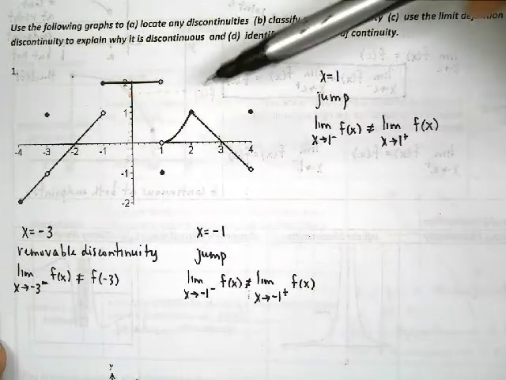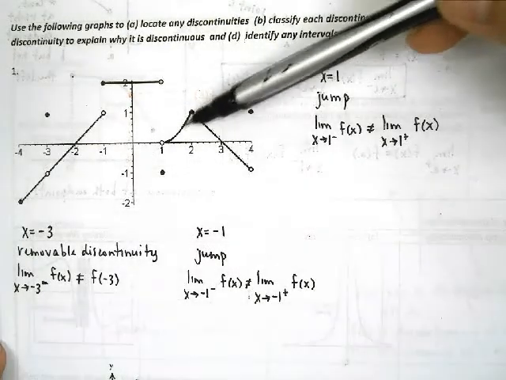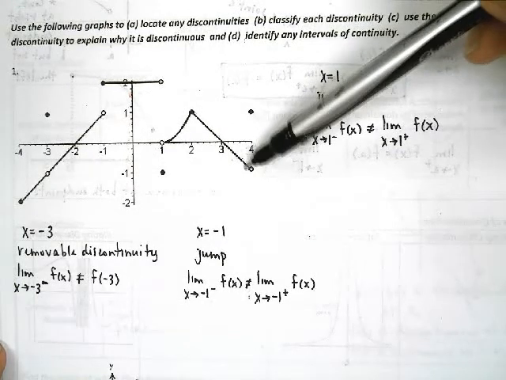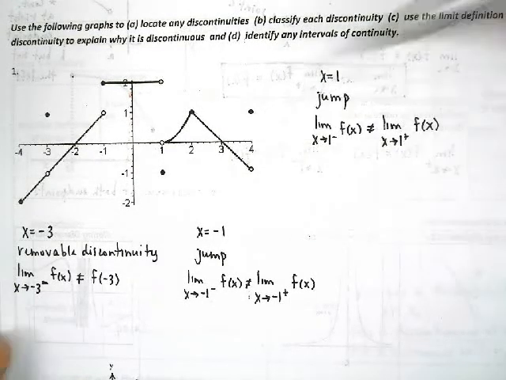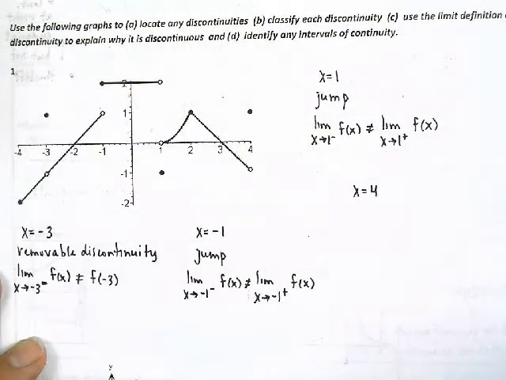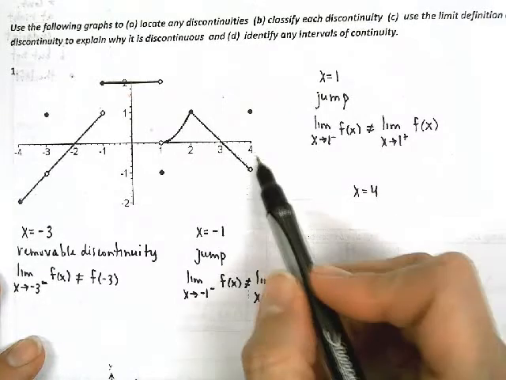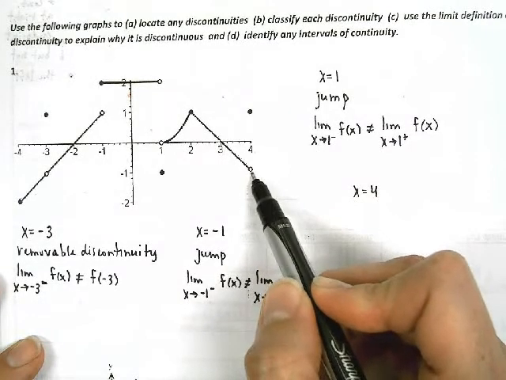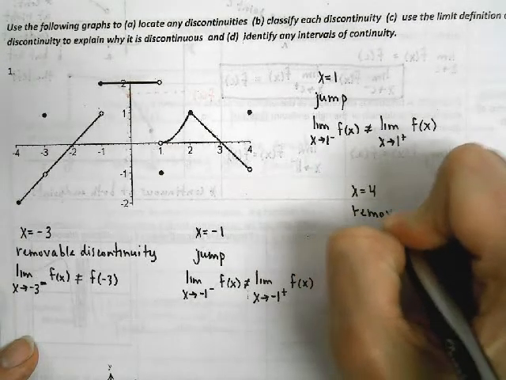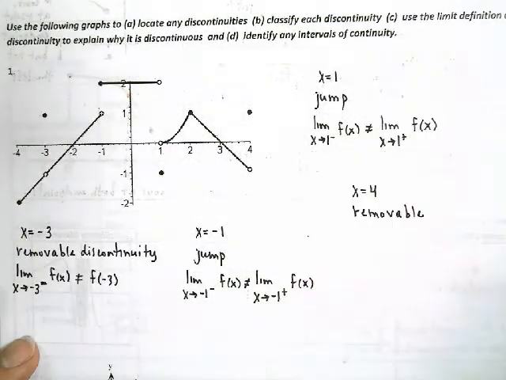Okay, now I'm going to keep going. It looks like the only thing I have left is at this endpoint. And what I notice here is I am not continuous at this endpoint, x equals 4. Now this one, if I could fill in this point, I could make it continuous, so that's going to be a removable discontinuity.